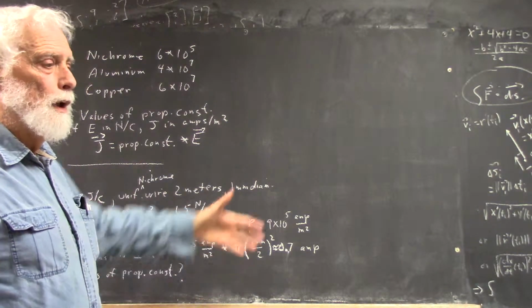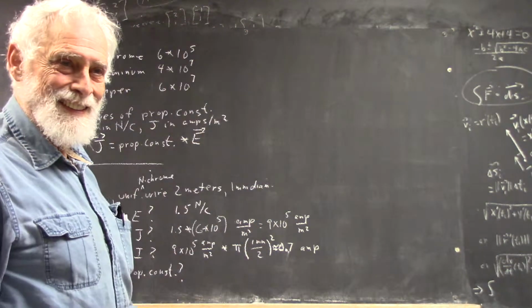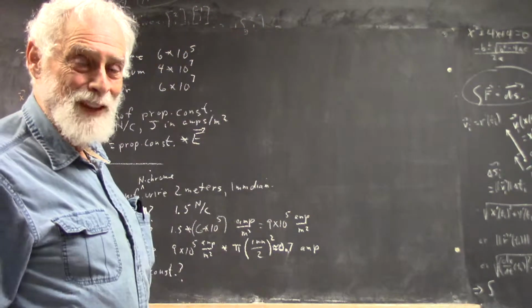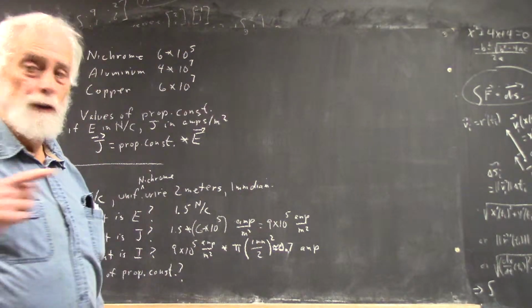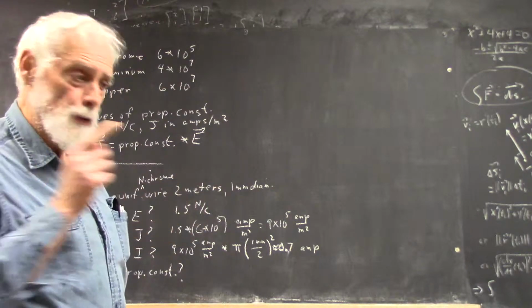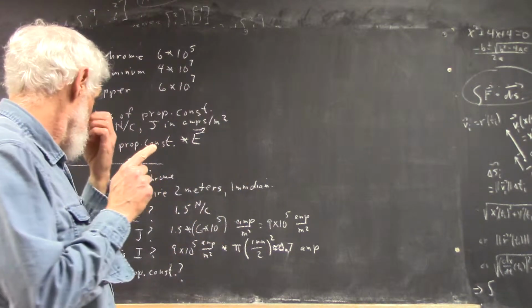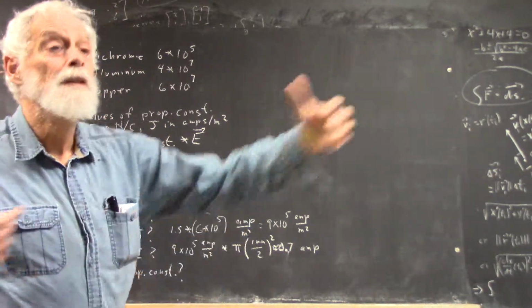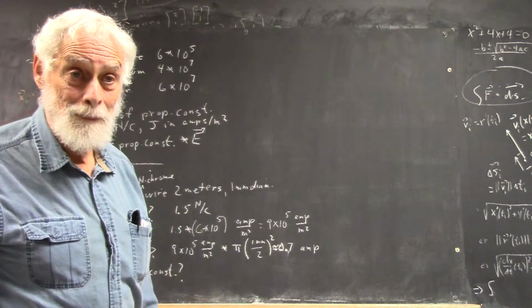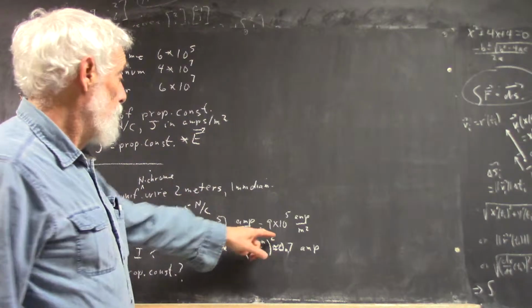So if you have a square meter wire of nichrome with a 3 joule per coulomb potential difference over 2 meters, you're going to get almost 1 million amps.